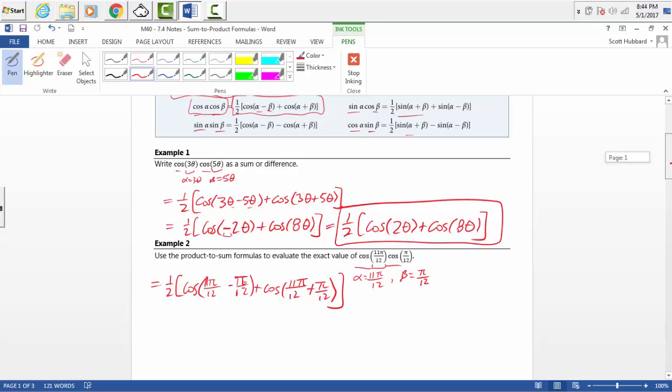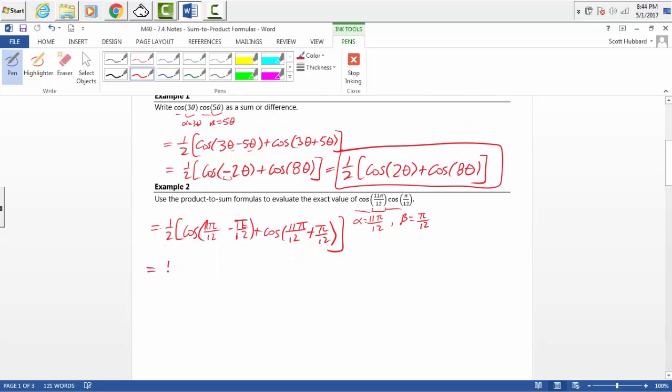Now we can just combine: 11 minus 1 gives me 10 pi over 12, and 11 plus 1 gives me 12 pi over 12.